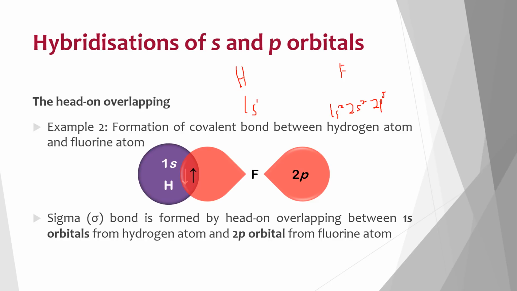So the hydrogen atom needs one more electron to form a duplet configuration, while the fluorine atom needs one more electron to form an octet configuration. So the head-on overlapping between the hydrogen and fluorine atom will occur between the 1s1 of hydrogen and the 2p5, or the 2p orbital, of the fluorine. So this 1s1 and the 2p5 will overlap to form a bond between the hydrogen and fluorine.